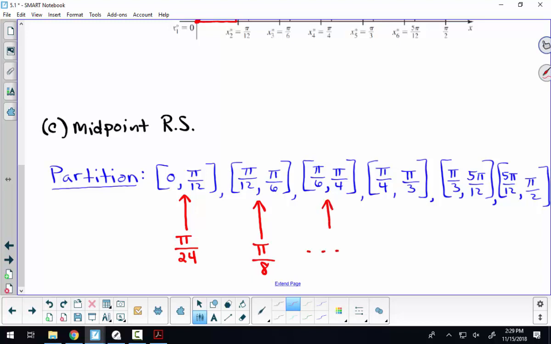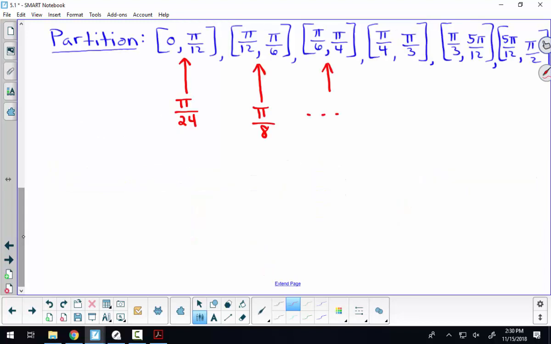And so on and so on. So just for time reasons, it's going to work out the same way or be constructed in a similar way. So for the midpoint, you should get an area of approximately 1.003.